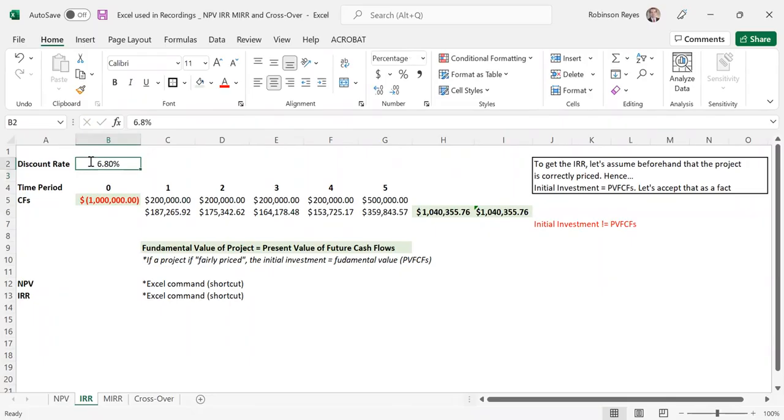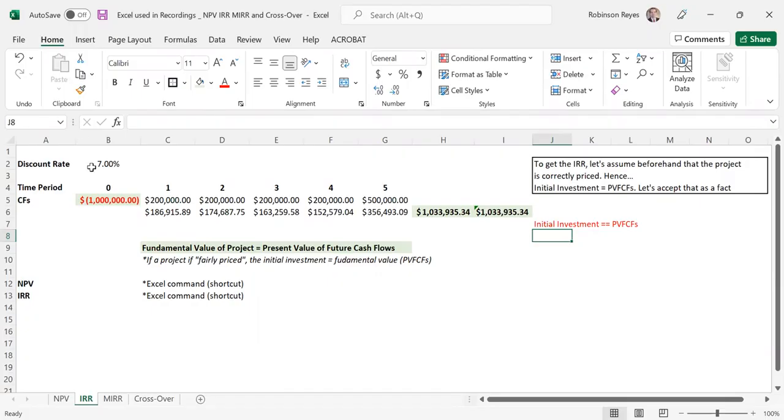And so on, we can continue increasing the discount rate until the present value of future cash flows will match the initial investment. When we achieve that discount rate, that will force this story to hold. So initial investment is equal to the present value of cash flows, that is then the internal rate of return.